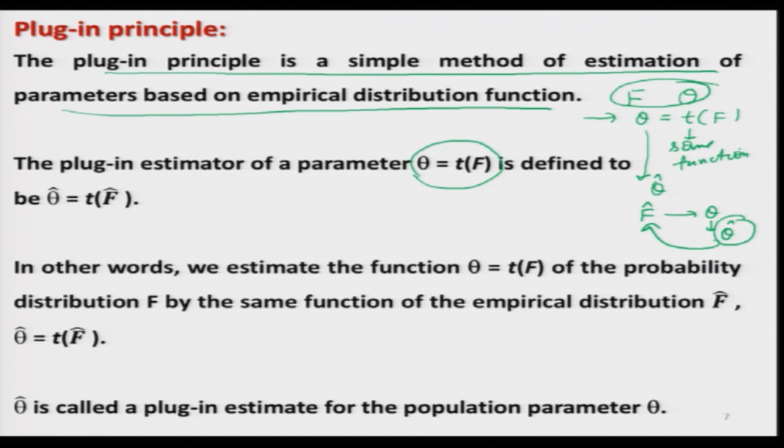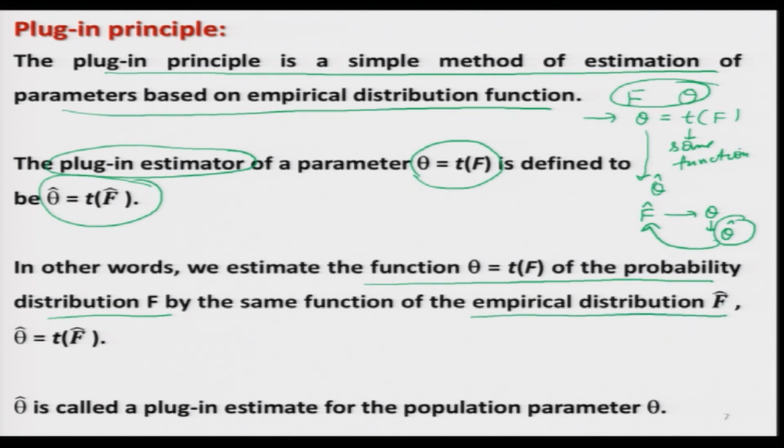Then this parameter can be estimated by its plug-in estimator, which is defined as theta hat equal to T(F hat). That means what are we trying to do? You wanted to estimate the parameter theta, or T(F), based on the actual distribution function capital F, but now I am trying to use the empirical distribution F hat, and we estimate theta by theta hat, which is obtained just by replacing F by F hat.